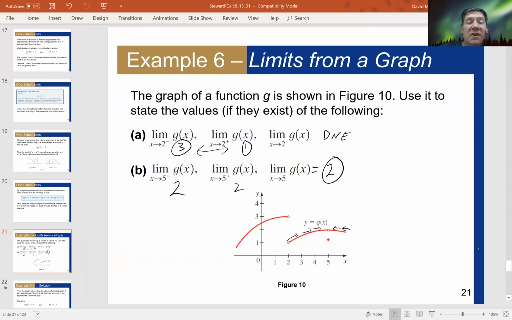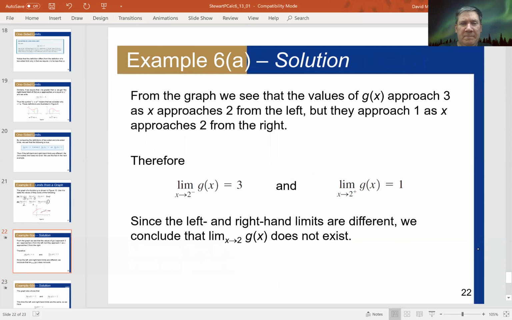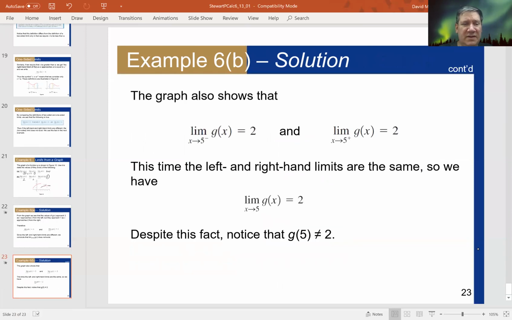Okay, I think it's a great way of showing the left side limit, the right side limit. If they are the same, the limit does exist, and it's that value. If the left-handed and right-handed limits are not the same, we say the limit of the function at that value does not exist. And then they just explained everything that I did. And that's pretty much it. So get used to the notation, get used to the terminology here, and we'll see how that works.